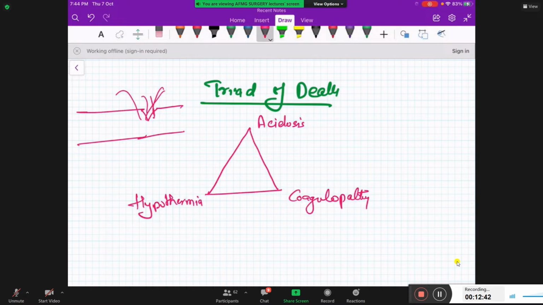So we have three ways: pressure, ligation, and repairing the vessel. Pressure, ligature, and repair of vessel. Agree? If the injured vessel is repaired, then also the bleeding from a vessel will stop. Now tell me, out of these three ways, which is going to take a longer time?